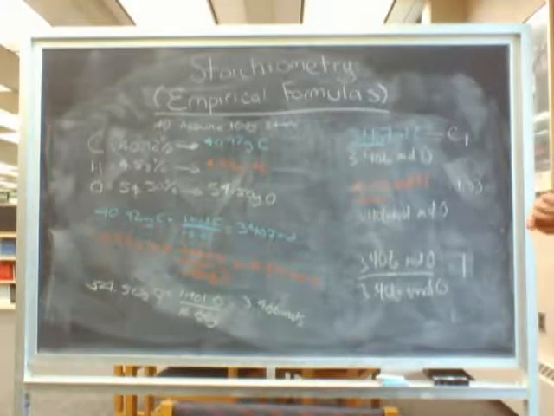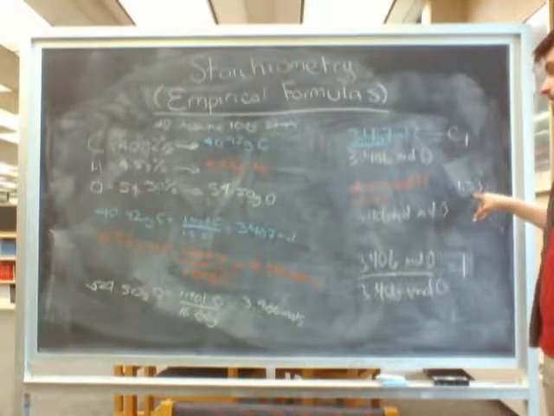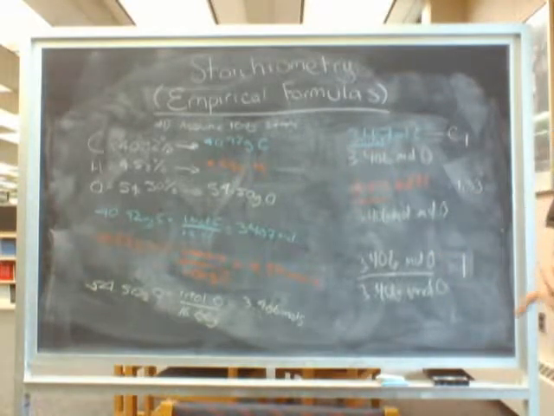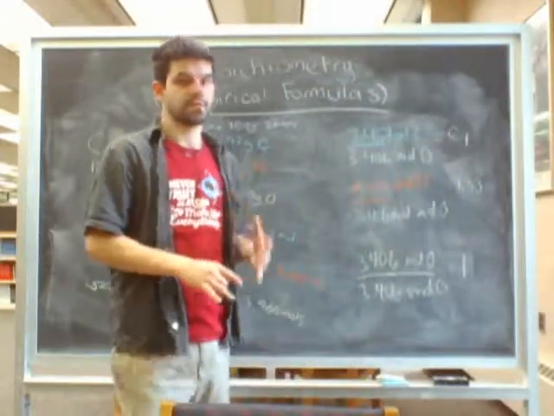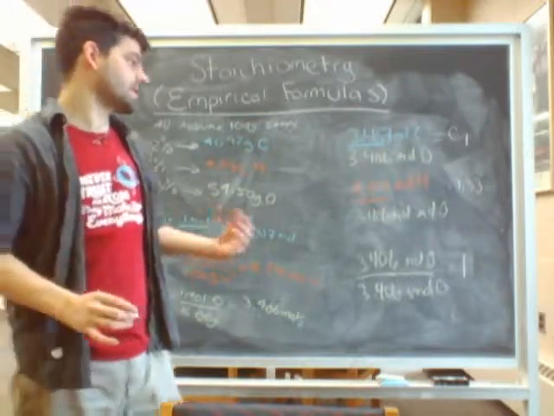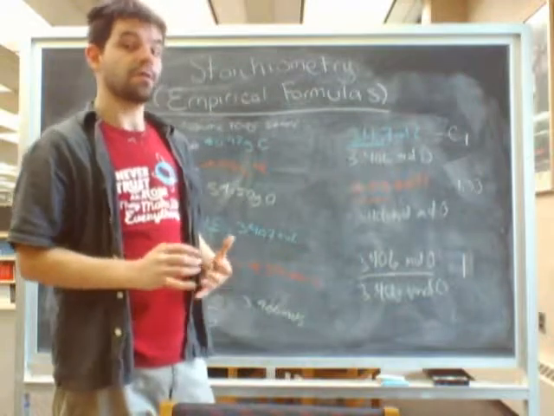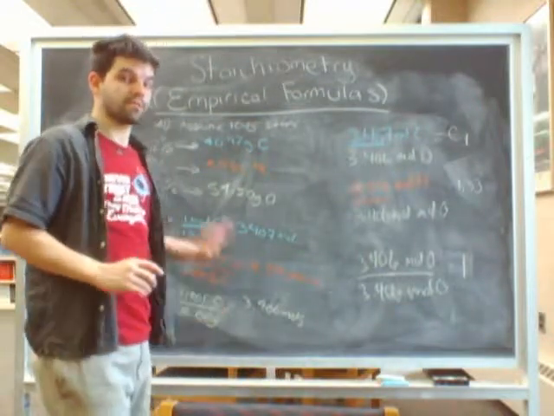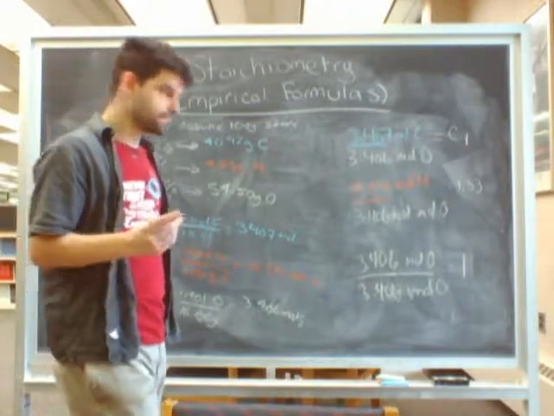Now, we see a problem here, because we have a fraction in the moles of hydrogen. However, we can combat that. Recall that the reciprocal of a fraction is a whole number. So if I have 1 and 1/3, I can multiply everything by the reciprocal of 1/3, and I can cancel out the fractions.